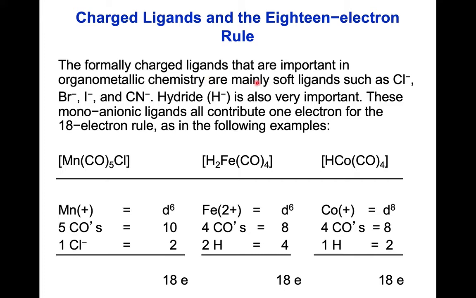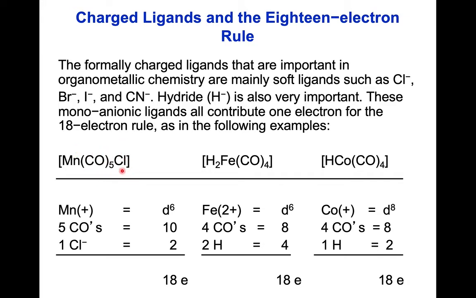The formally charged ligands contribute to the charge on the metal center. And so we have, for example, this is a neutral complex, but the pieces inside are not neutral.